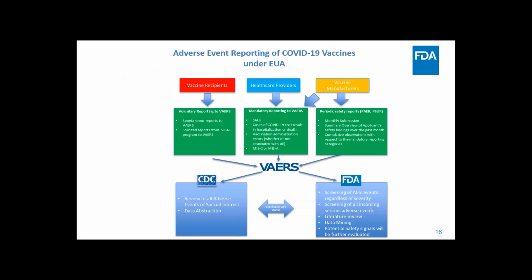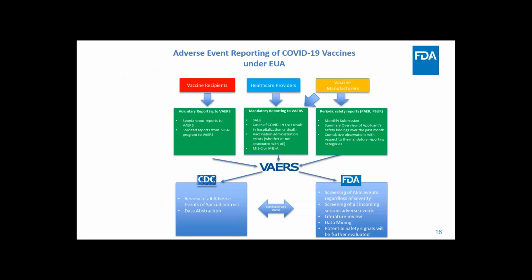Vaccine manufacturers also have similar mandatory reporting requirements, and in addition, are required to submit periodic safety reports. These are monthly submissions and are a summary overview of the applicant's safety findings over that previous month, and include cumulative observations with respect to the mandatory reporting categories. All of this is submitted to VAERS.